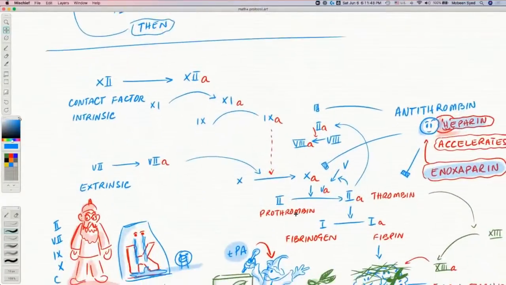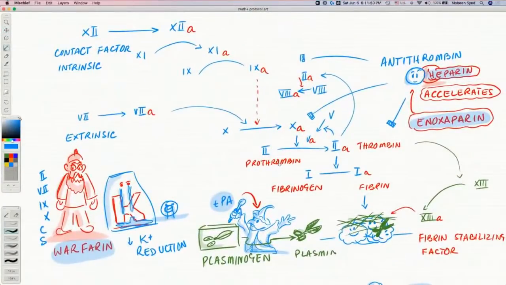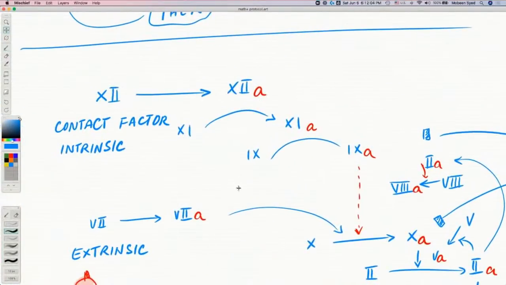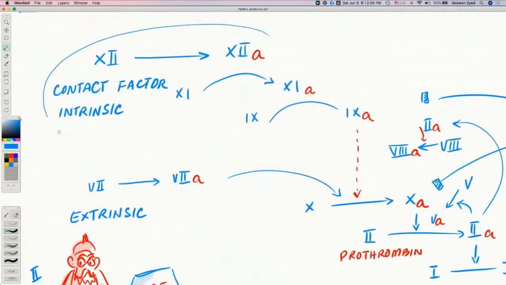So I'm going to be coming here. We have talked about this before as well in the hypercoagulable state. So just generally, the cascade for the clotting factors, what we know is that if you start from here, let's say this one, this is the contact factor or intrinsic pathway. Here factor 12 becomes active.